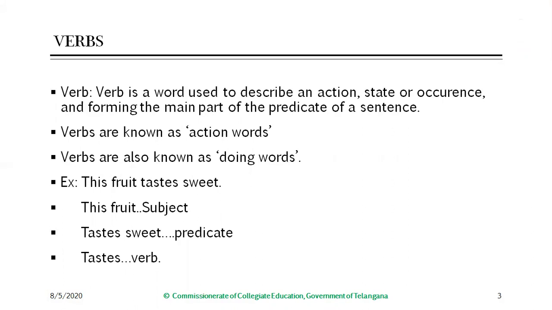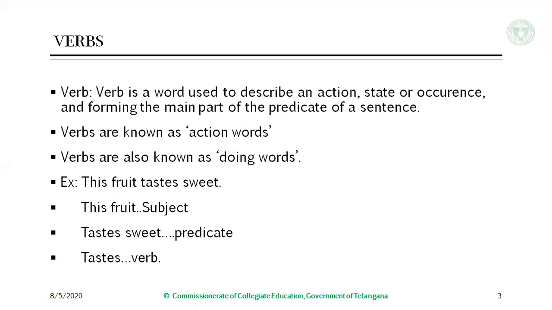What is called a verb? Verb is a word used to describe an action, state, or occurrence, and forming the main part of the predicate of a sentence. By looking at the sentence, we can understand that verb describes an action, state, or occurrence.